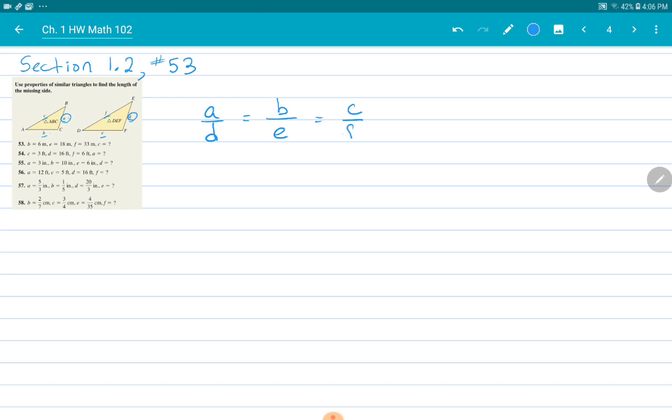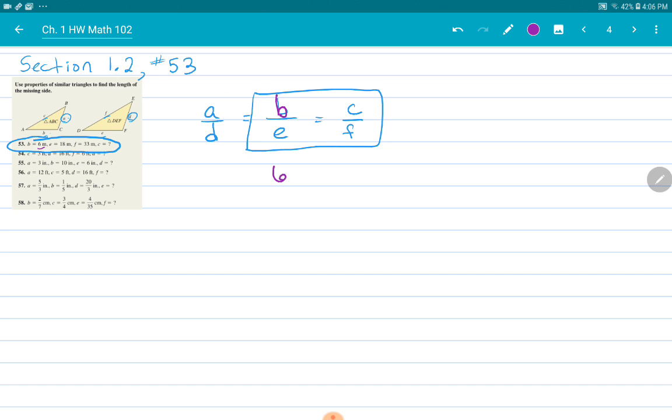We're going to do number 53 this time. And in 53, let's see, we have B, E, F, and C. So that's this piece of the proportion. We don't really need that A and D. So the B, that's the 6.